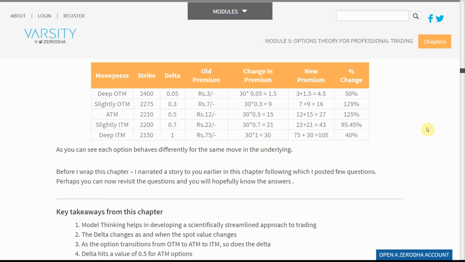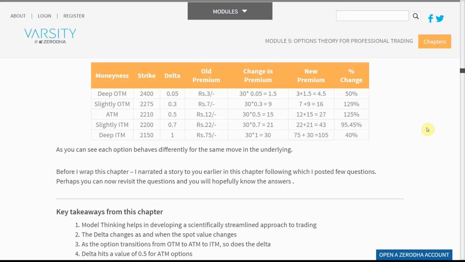ATM: 2,210, 0.5, 12 rupees, 30 asterisk 0.5 equals 15, 12 plus 15 equals 27, 125%. Slightly ITM: 2,200, 0.7, 22 rupees, 30 asterisk 0.7 equals 21, 22 plus 21 equals 43, 95.45%. Deep ITM: 2,151, 1, 75 rupees, 30 asterisk 1 equals 30, 75 plus 30 equals 105, 40%.